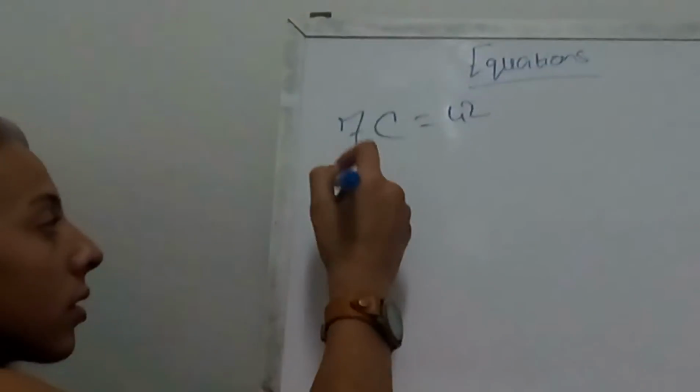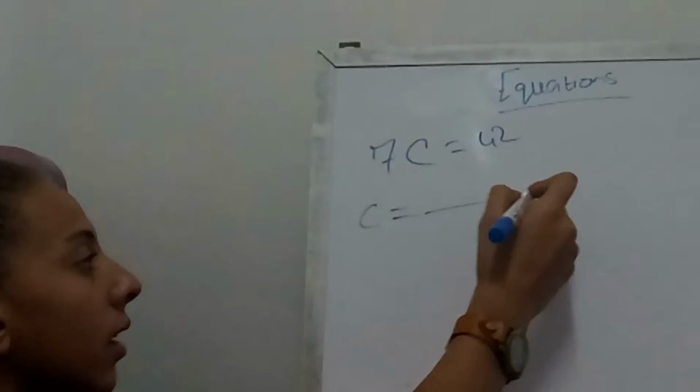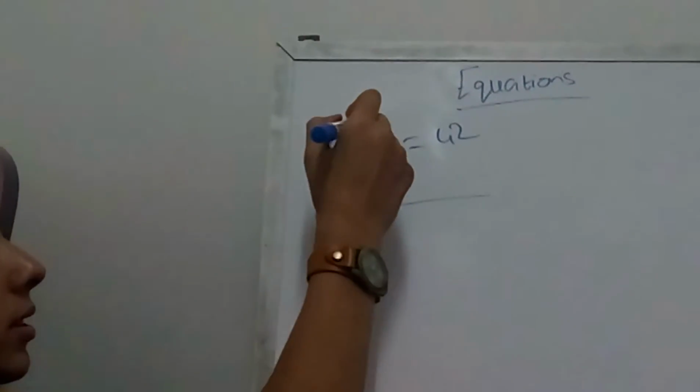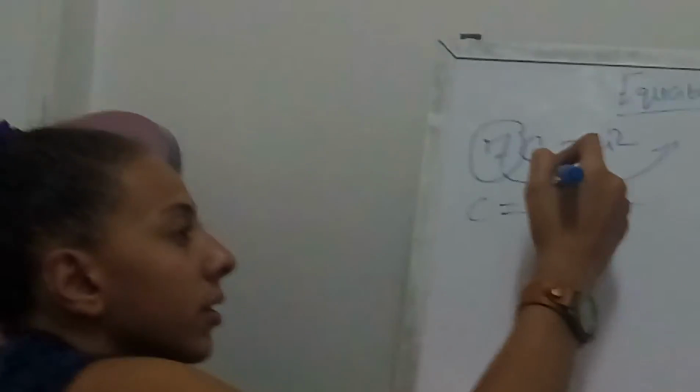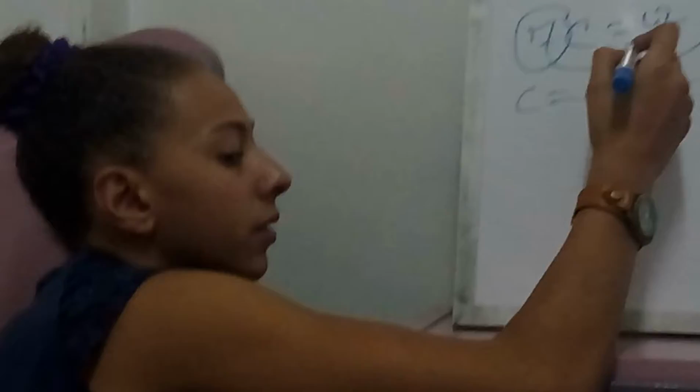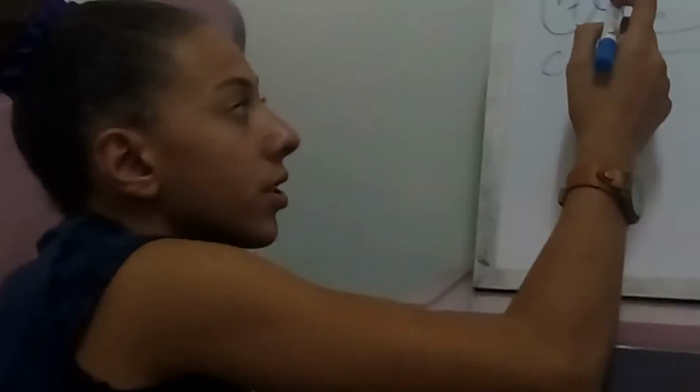Okay? We want the C to be on its own beside the equal sign and the rest of the equation here. So we take this 7 and pass it by the magical bridge. Okay? So this is multiplication, so it will go to the other side by division.